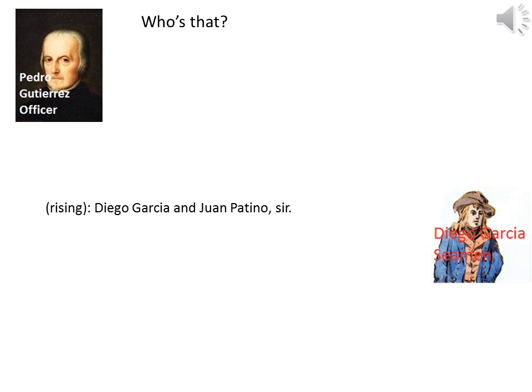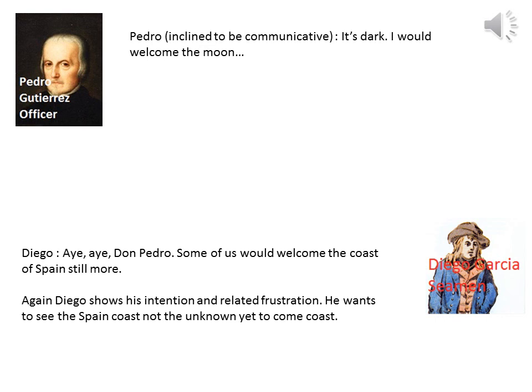Diego, looking at Pedro, rising. So Pedro is an officer, so he has to obey the protocol. He is getting up and says, Diego Garcia and Ivan Patino, sir. So he responds to Pedro. Pedro, inclined to be communicative, meaning he wants to continue the talking that is going on, says, it's dark, I would welcome the moon.